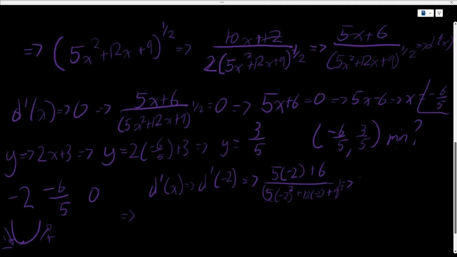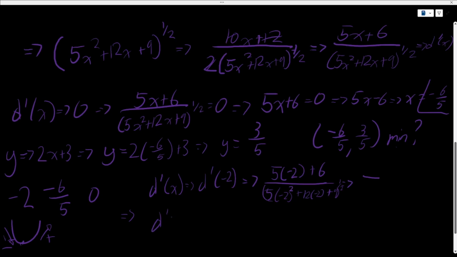Oh, we forgot our square there. This can be convoluting, so we'll just think about this logically. 5 times negative 2 is negative 10, plus 6 is still going to be a negative number. So that's going to give us a negative number. A negative number on the numerator is always going to give us a negative result.